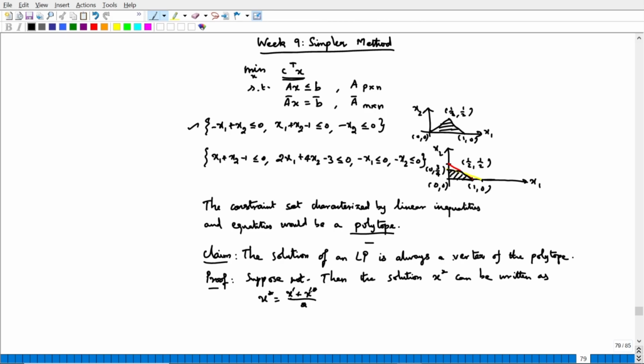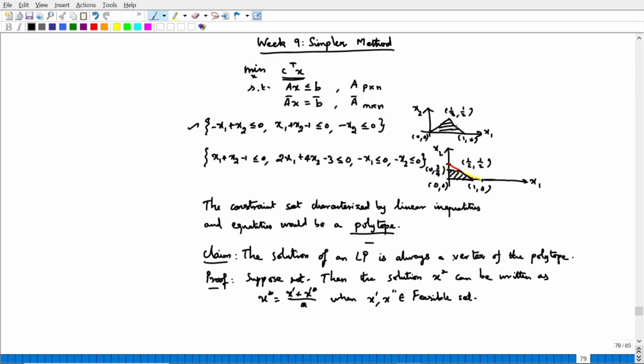So suppose it is not a vertex, say for example it is a point here, where x dash and x double dash belong to the feasible set, that is the polytope. Okay.